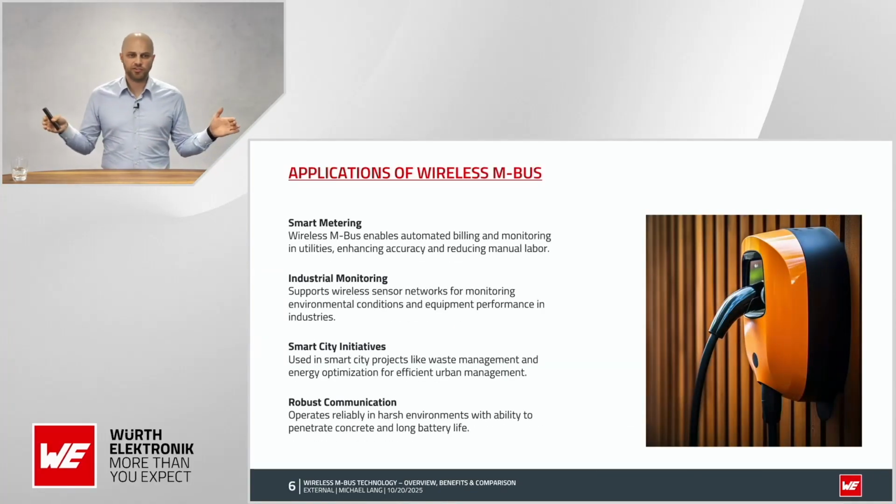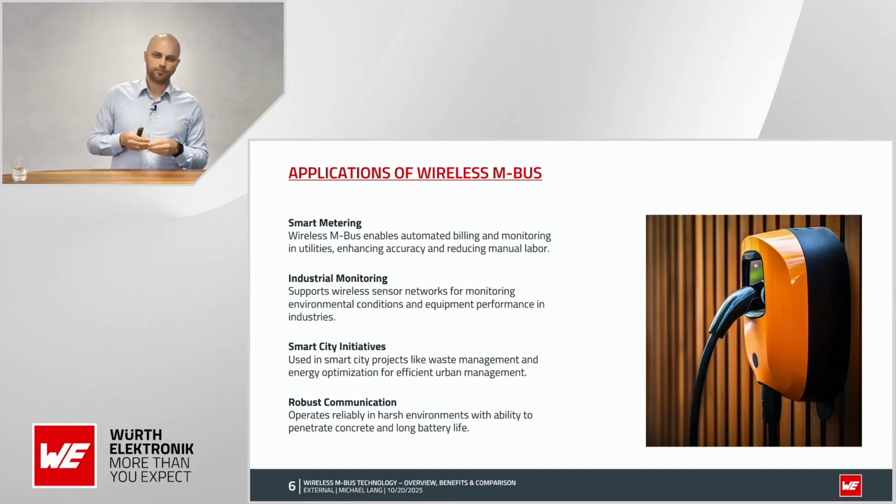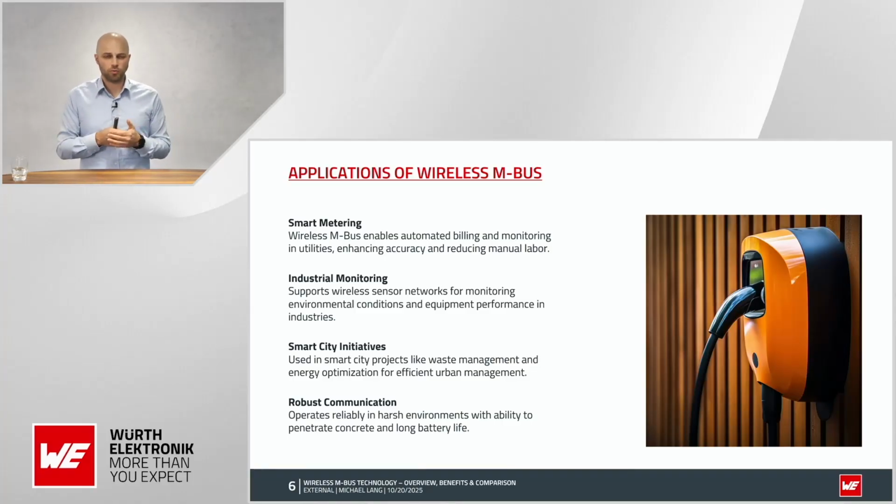Typical applications are, of course, smart metering. Here an example is shown in the picture on the right. Always where you have a metering application and you want to transmit the metering data somewhere, you can of course use cables, but you do not always have a cable connection available.